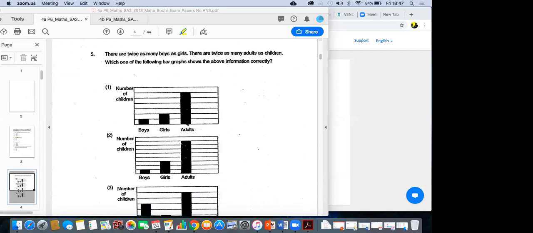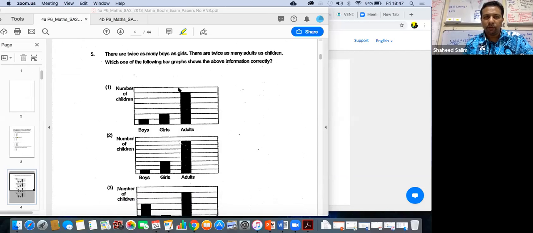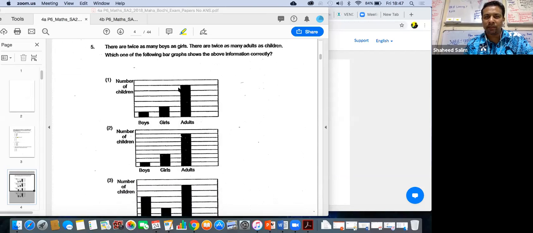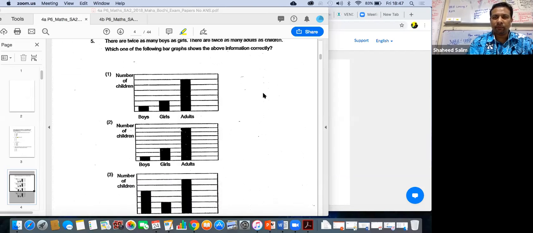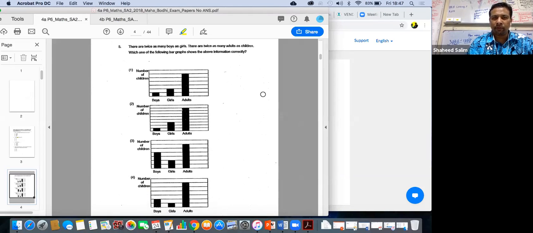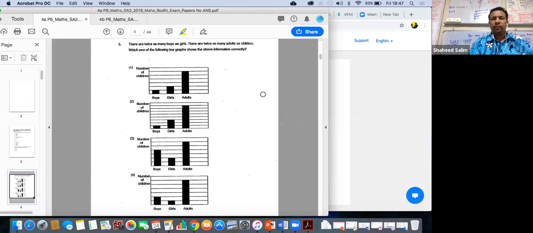So they're asking you, there are twice as many boys as girls, and there are twice as many adults as children. Which one of the bar graphs shows the information correctly? Okay, you try.